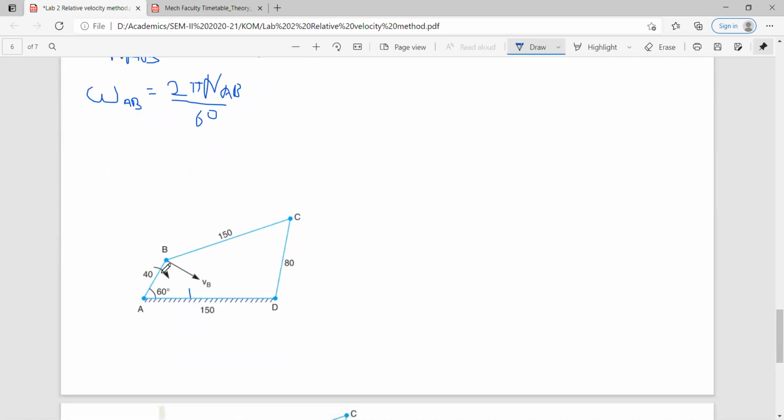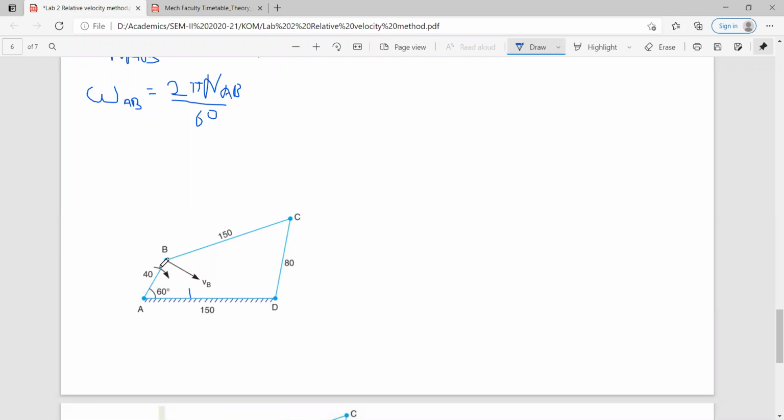So now I will find what? I will find the velocity of the point which is on crank, because the angular velocity of crank, link AB, we know. So we will find the velocity of point which is on crank. Okay. So how to do it?